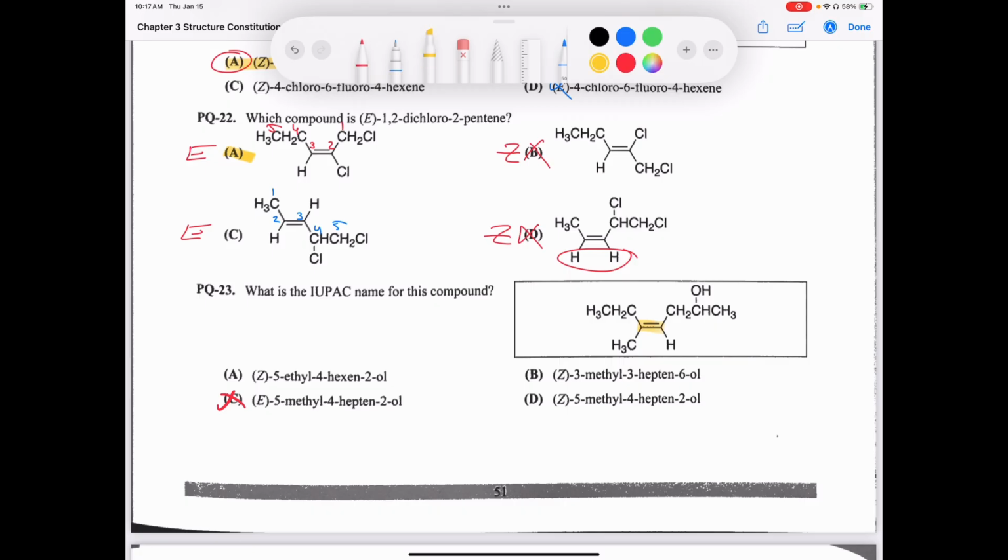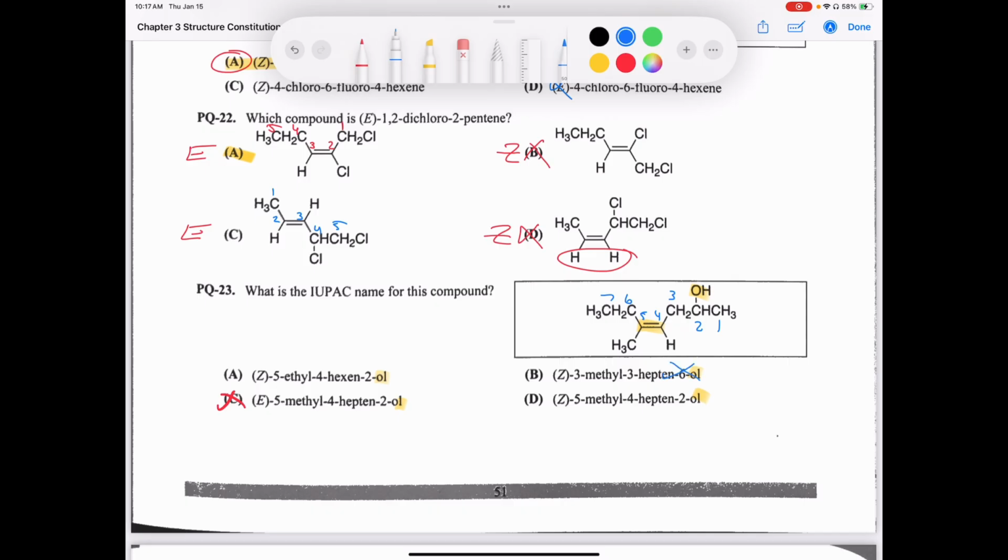We have an alkene and an alcohol. Well, remember the alcohol takes precedence, and you can clearly see that because they all end in the suffix "ol." But since the alcohol takes precedence, we want to give it the lowest possible number when we're numbering the longest carbon chain. So we have 1, 2, 3, 4, 5, 6, 7, like this. So it would be 2-ol. So we can cross off this one.